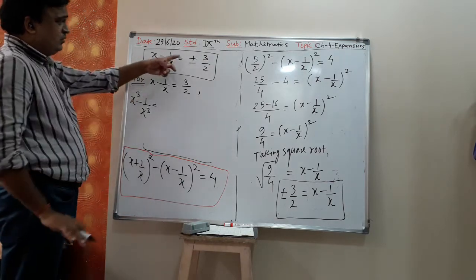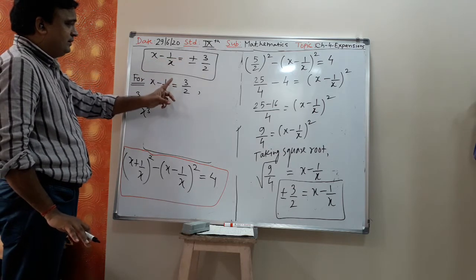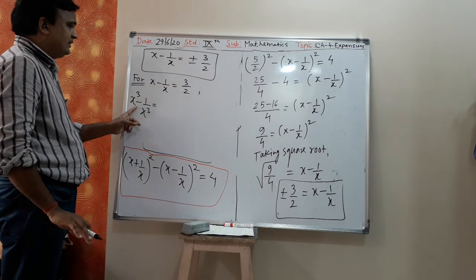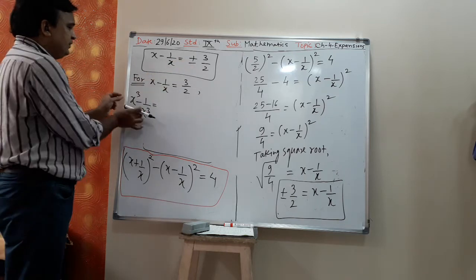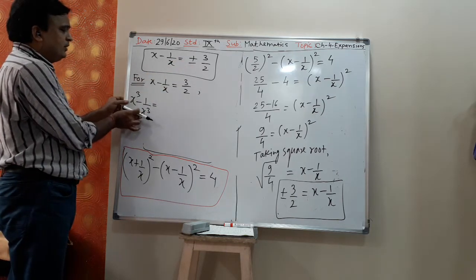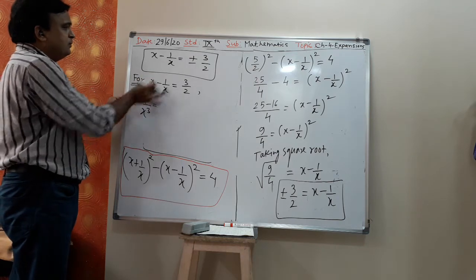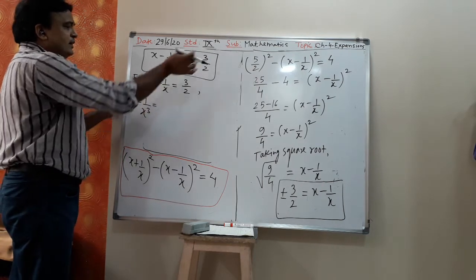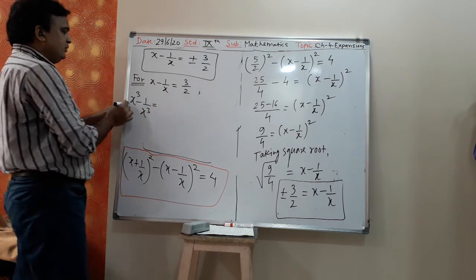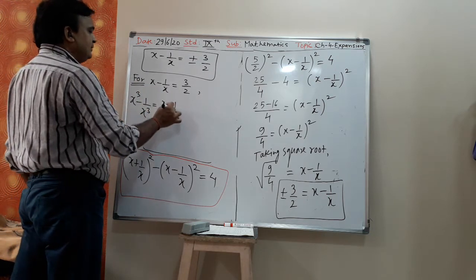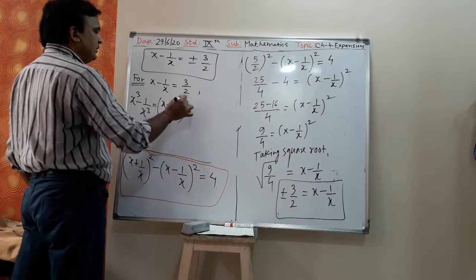Out of plus minus, I am taking the first plus value and finding this. Then I will take the minus value and find this. So two times you have to find x cube minus 1 upon x cube, one for the positive value, other for the negative value. Let us take the positive value plus 3 by 2 and find. So use the direct formula, that is x minus 1 upon x whole cube.